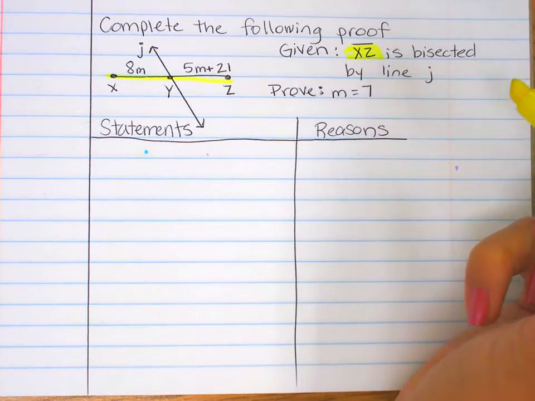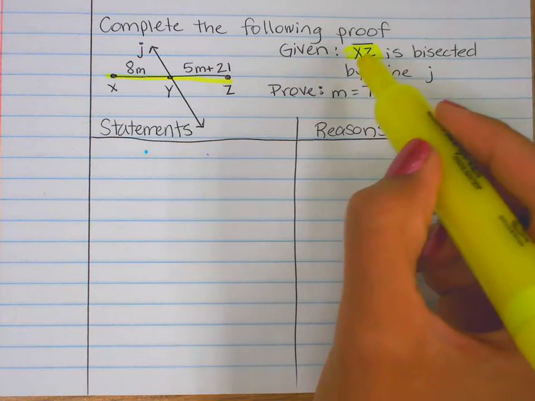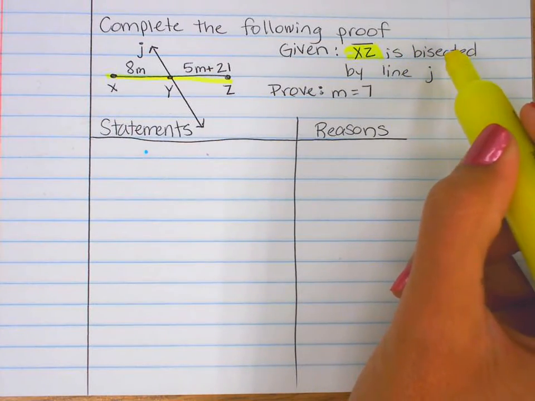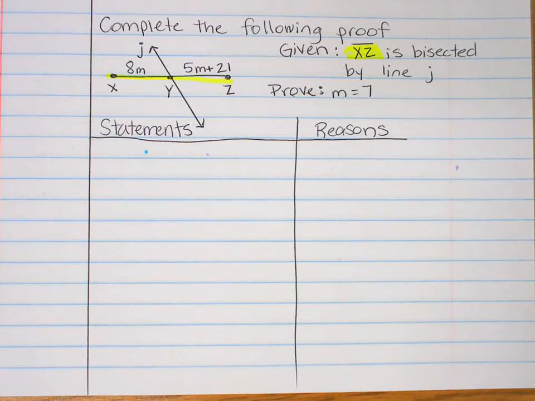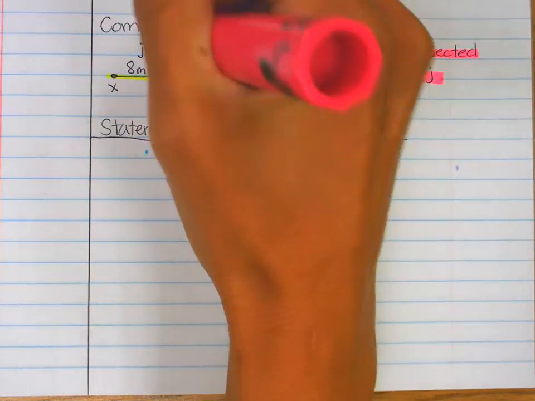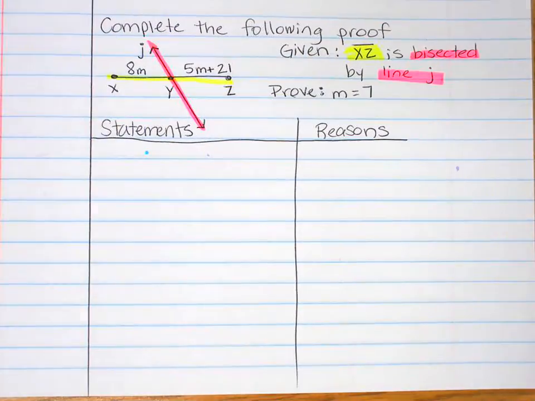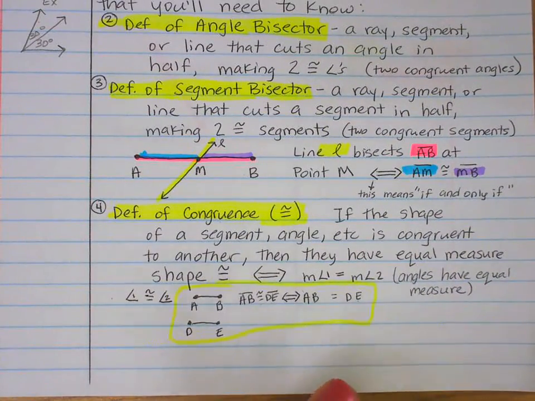I like to come up with a plan before I start writing stuff. So I'm kind of thinking, okay, if XZ is bisected by line J, here's line J. I'll use another color. So if it's bisected by line J, there's that information. If I look back at the list, I want to find the definition. What does that mean? We're looking at segments.